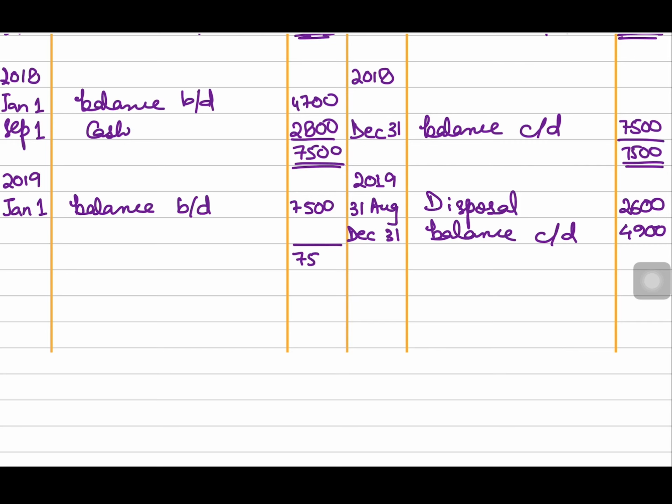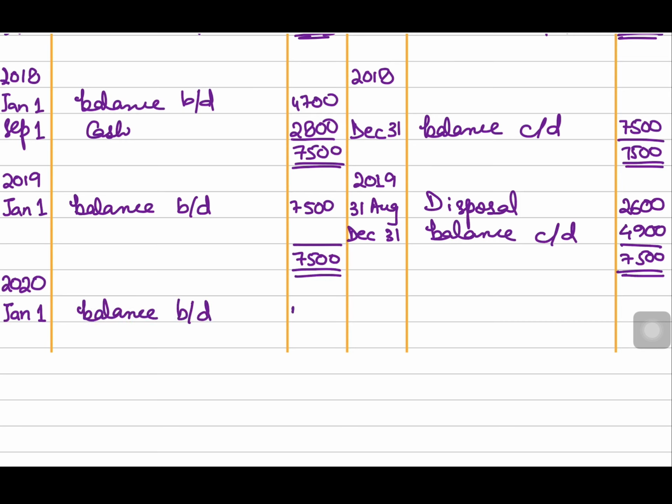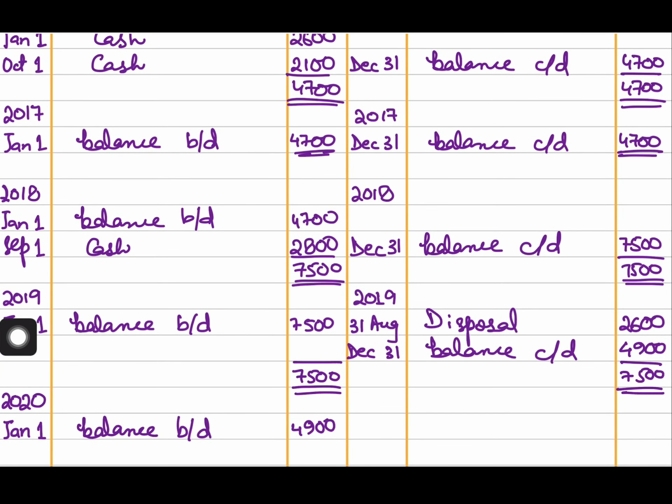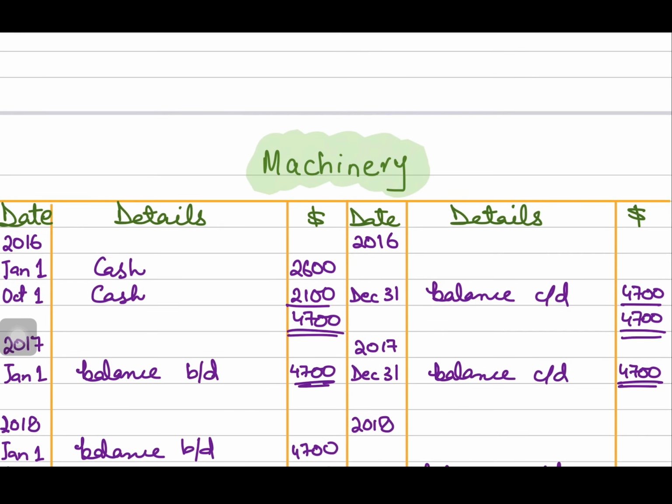Now let's just total it. 7500, 7500. One last thing that we should also do is extract the balance for the next year. January 1st, balance brought down 4900, right? In previous year it was 7500, but since now you have sold an asset, so it has decreased to 4900. Okay, so this is how we have prepared our non-current asset cost account, right?